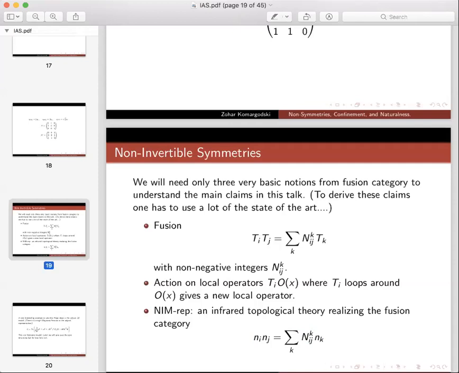Any questions or any request for Zohar to expand this explanation? So does the NIM-rep also tell you how many operators there are in the defect Hilbert space? Does that also tell you the spectrum of the defect Hilbert space, and how fusion works in the defect Hilbert space?